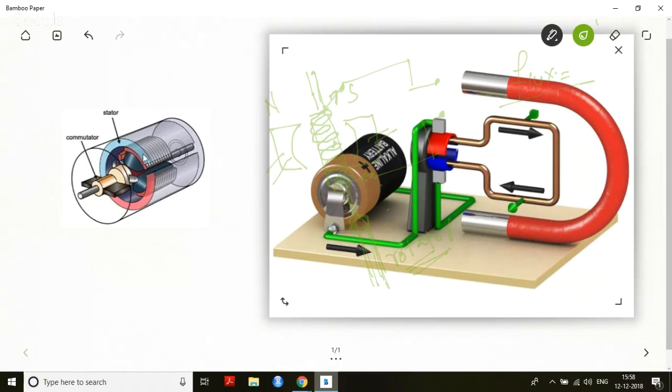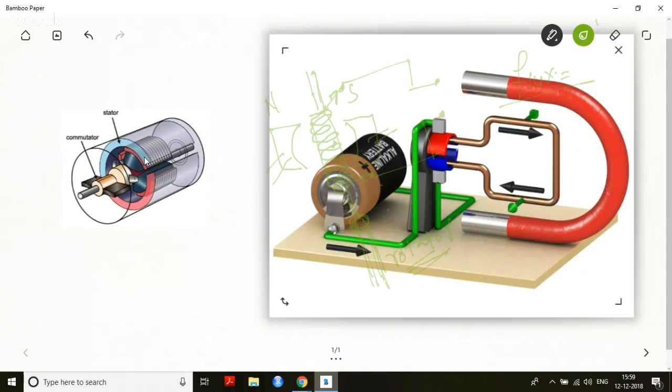There are two parts, stator and commutator. Stator is this part which is creating your magnetic field, and here I have given input. As soon as current starts flowing, due to force applied on the current carrying conductor, this will start moving, and this moving part is known as commutator. So this is the principle of an electric motor.